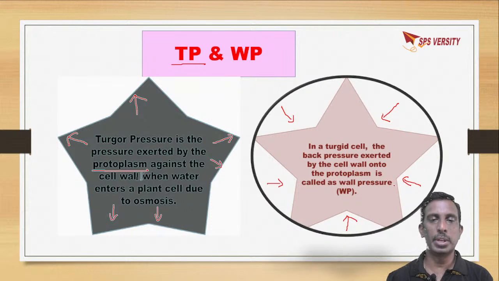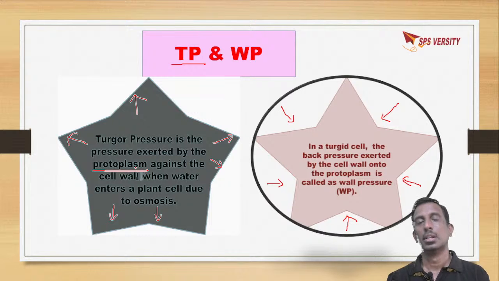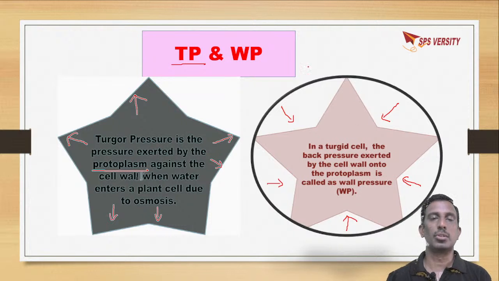Turgor pressure is due to the protoplasm, that is the water present in the cell, and wall pressure comes from the cell wall in this direction. Both values are equal, but the direction is opposite.